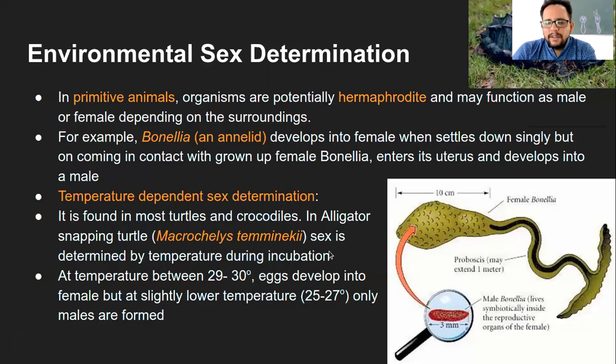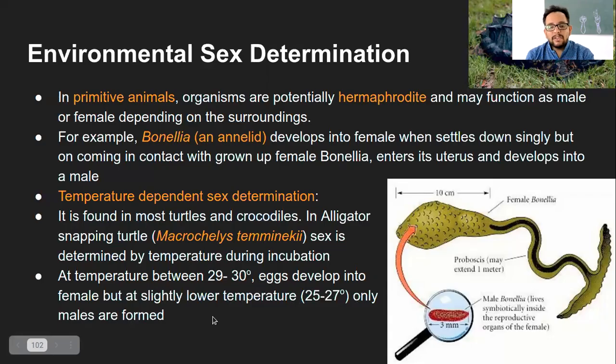Whenever the young ones are born, depending on their incubation temperature, males or females will develop. At temperatures between 29 to 30 degrees, the eggs develop into females. At a little lower temperature, 25 to 27 degrees, only males are formed.